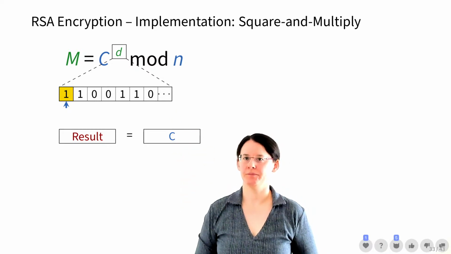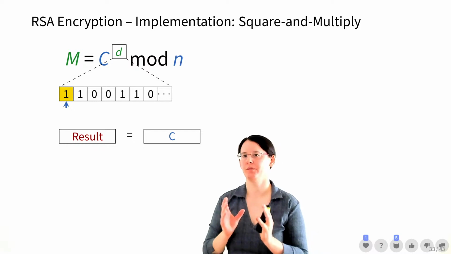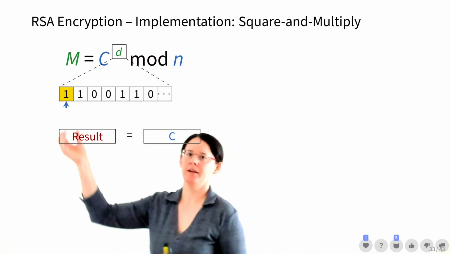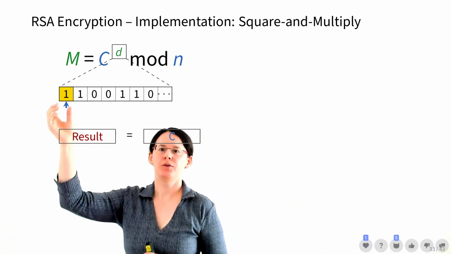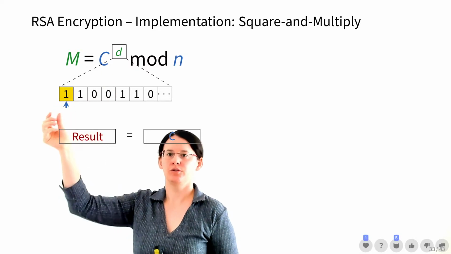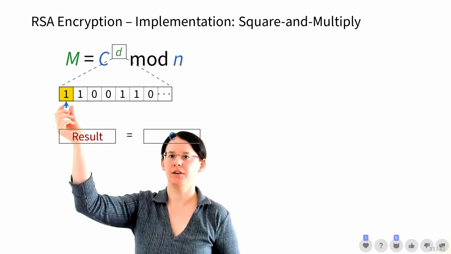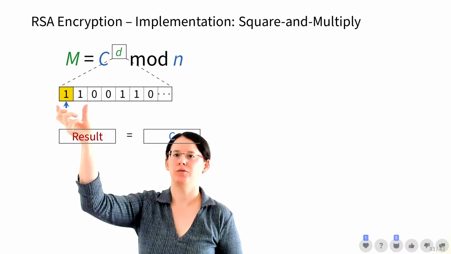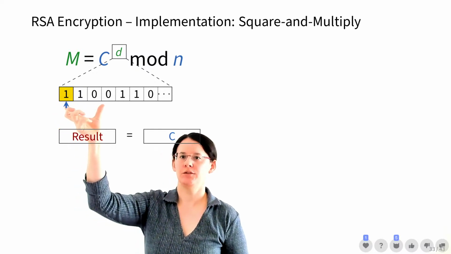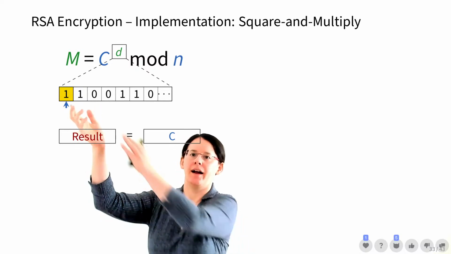How do we compute now? We're actually going to compute this step by step. We're first going to compute c to the power of 1, then we're going to use this result to compute c to the power of 11, then c to the power of 110, and so on.